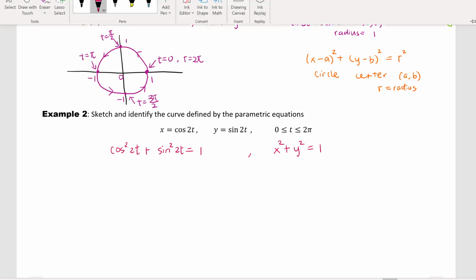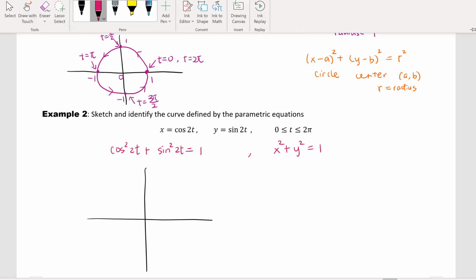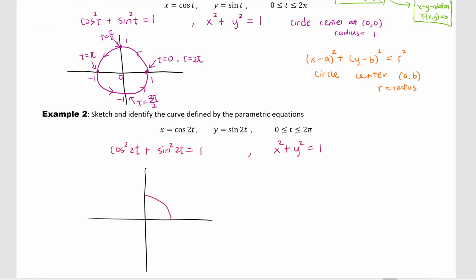Okay, so let's draw it. Alright, so we still have a unit circle. At t equals 0, we have (1, 0).